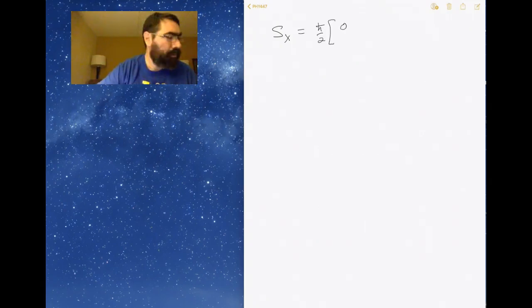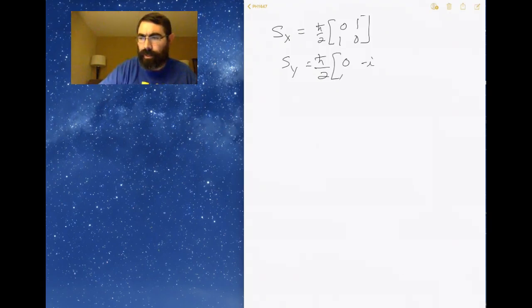I said earlier that in talking about a spin up, spin down configuration, we have these spin operators: Sx is h bar over 2 times the matrix (0, 1; 1, 0), Sy is h bar over 2 times (0, minus i; i, 0), and Sz is h bar over 2 times (1, 0; 0, minus 1).